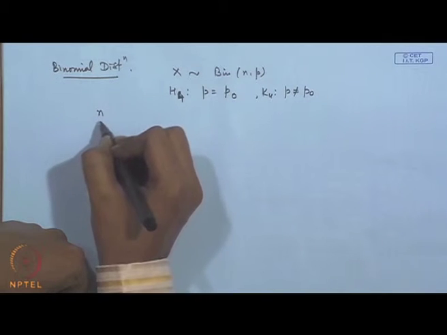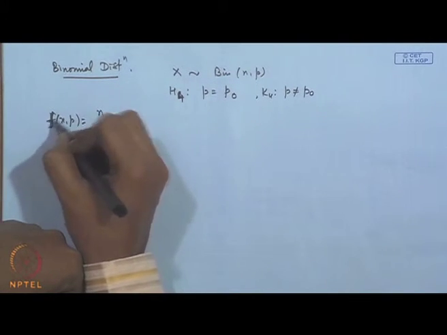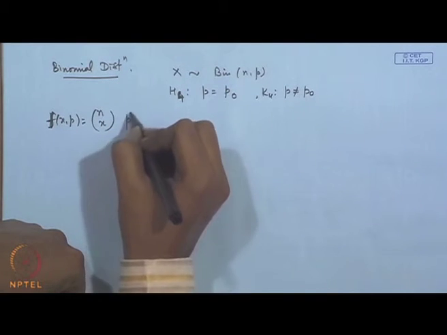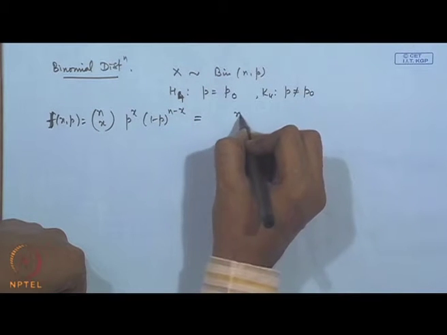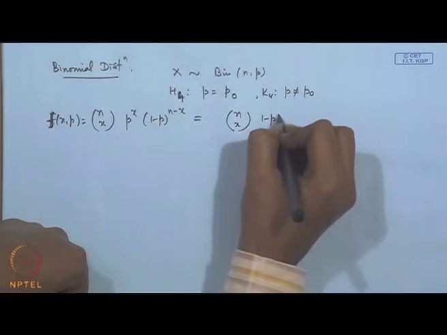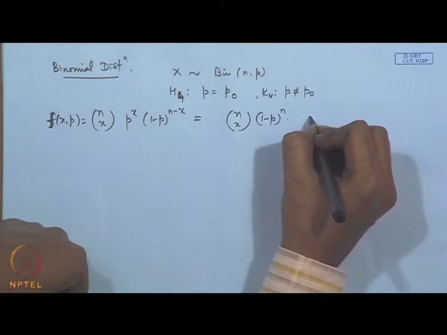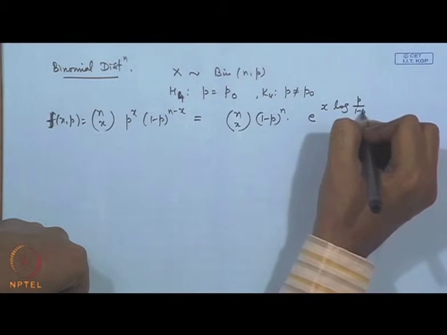So, here you have the form of the density function nCx p to the power x, 1 minus p to the power n minus x. If we are writing in the form of the exponential family, we are writing it as (1 minus p) to the power n, e to the power x log p by 1 minus p.